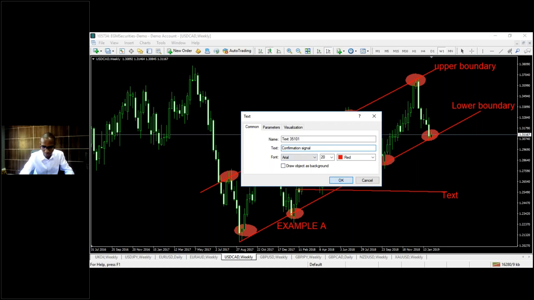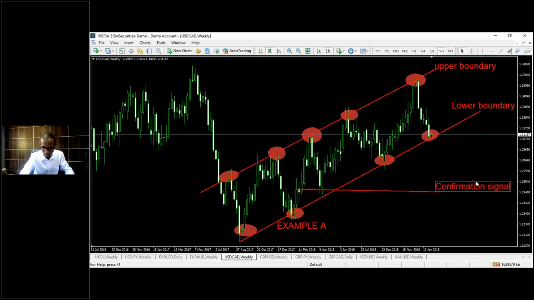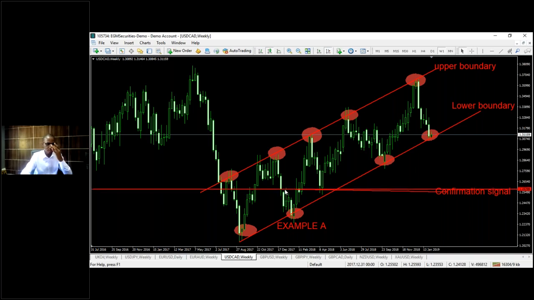At the close of this candlestick would have been our entry point, or the confident level for us to open a position based on this price channel.